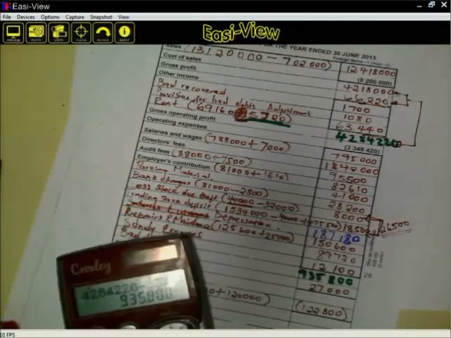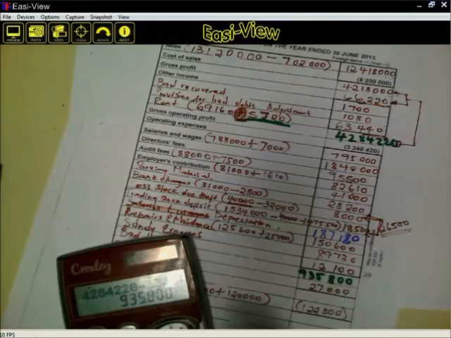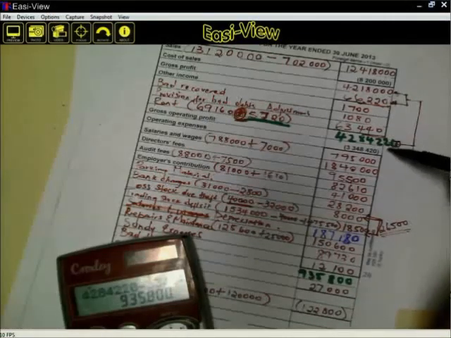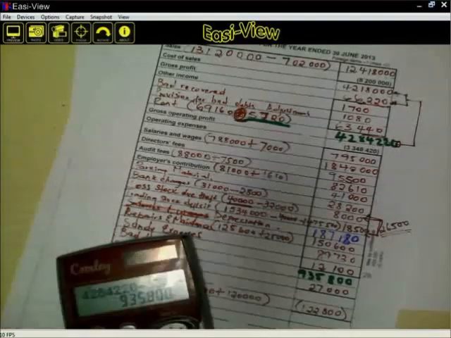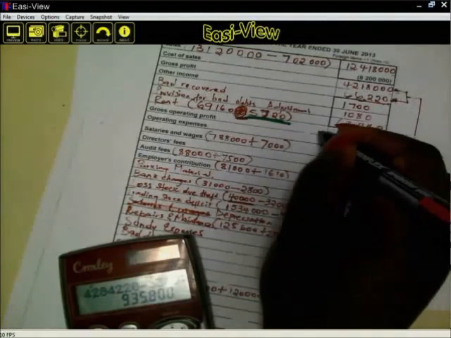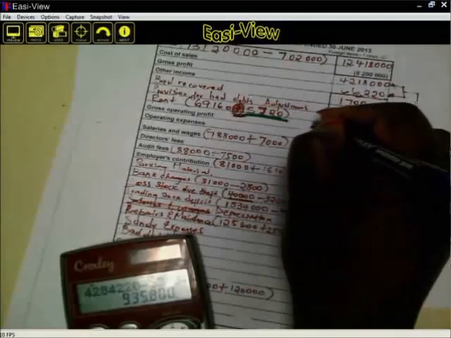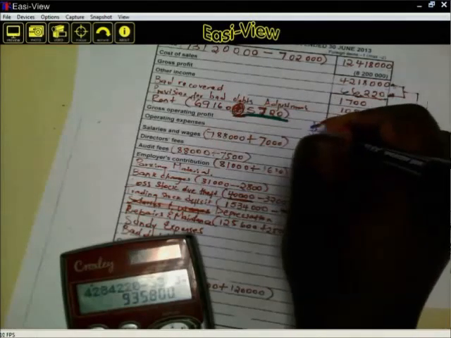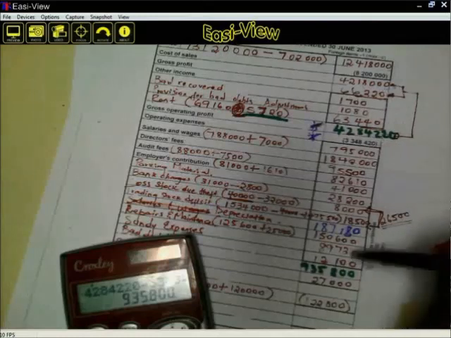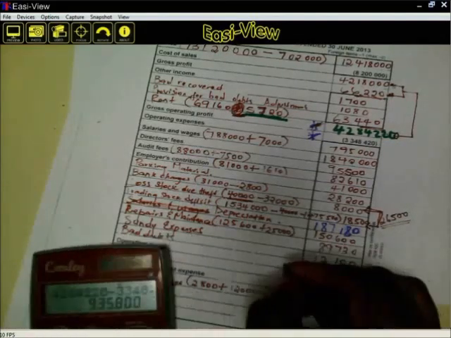That's my answer, and this is basically what is here. You subtract the two, this two. You subtract your profit with your operating expenses, the two, then you'll get this one.